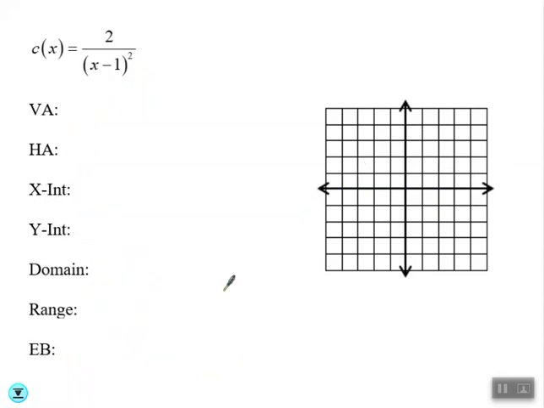Now for our last graph, we have c of x equals 2 over x minus 1 squared. Our vertical asymptote is where the denominator equals 0, which is x equals 1. For the horizontal asymptote, we look at the degrees. The degree of the numerator is lower than the degree of the denominator, so our horizontal asymptote is y equals 0.